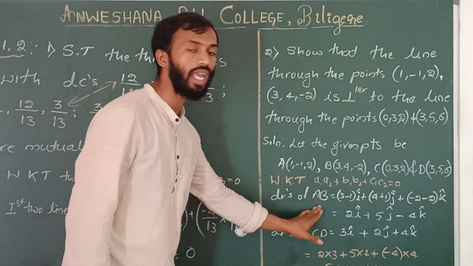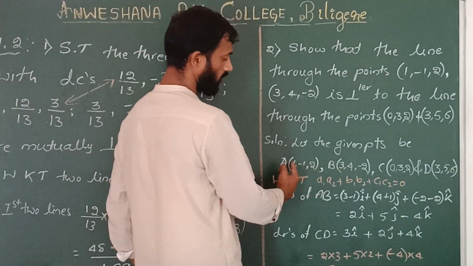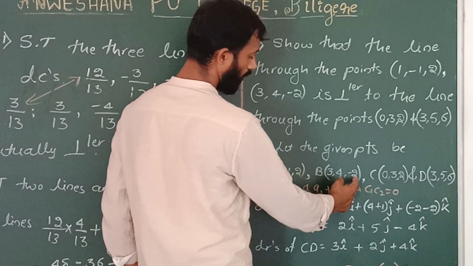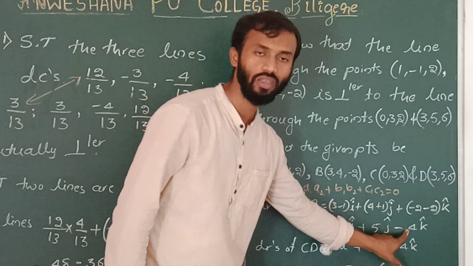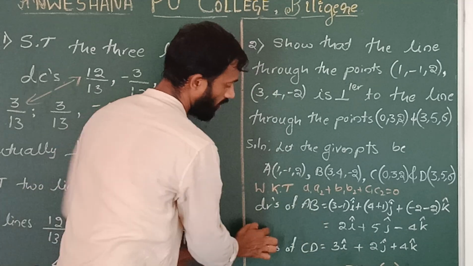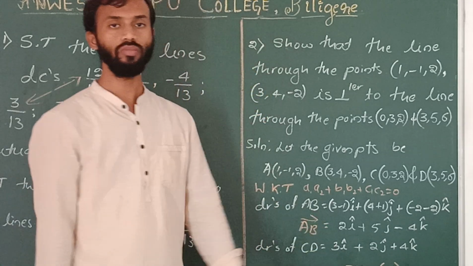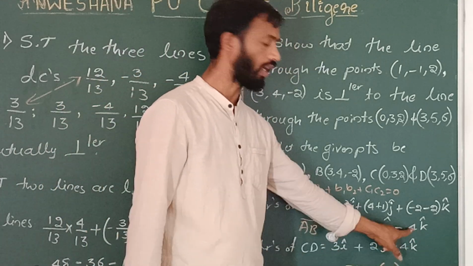The direction ratios of AB: 3 minus 1, 4 minus of minus 1 is 4 plus 1, and minus 2 minus of minus 2... we will be getting 2i plus 5j minus 4k. Please keep in mind, this is my AB with direction ratios 2, 5 and minus 4.